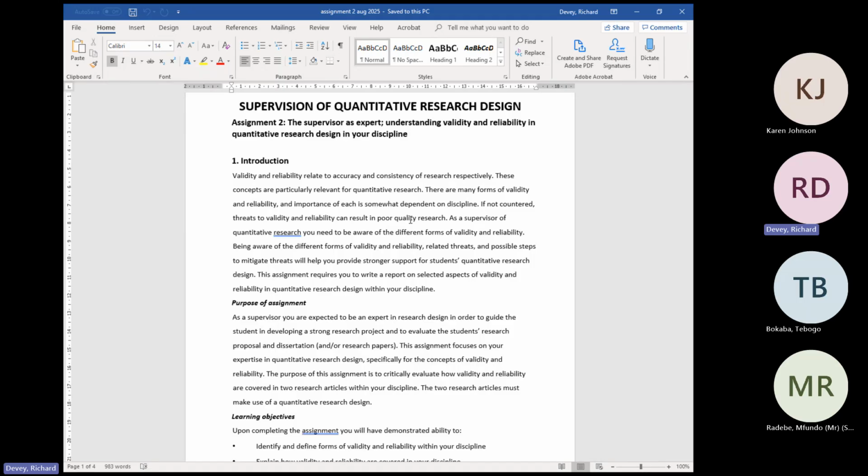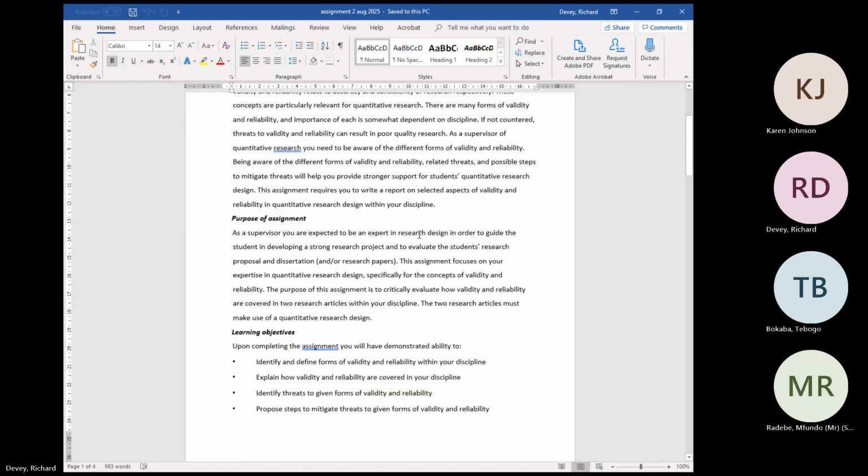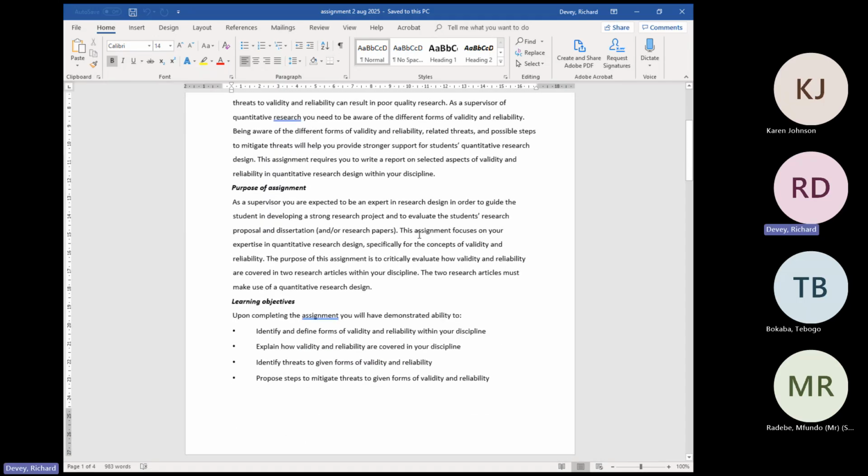It's really focusing on the supervisor as an expert in research design, and part of research design is validity and reliability.